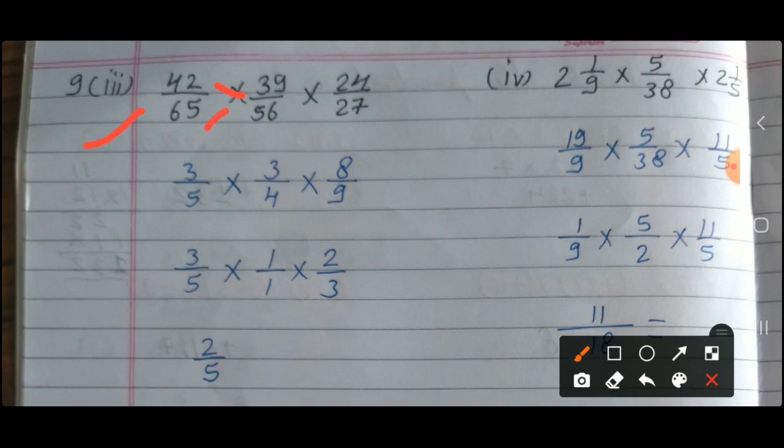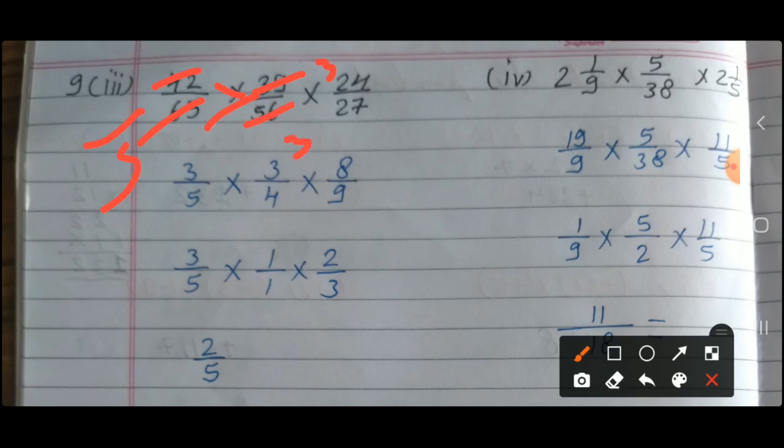And 65 and 39 both have a common factor of 13. 13 fives are 65 and 13 threes are 39. Now 42 and 56 both are divisible by 14.